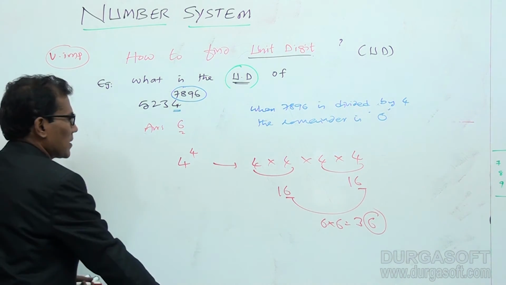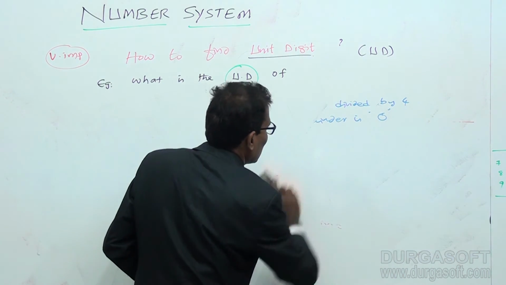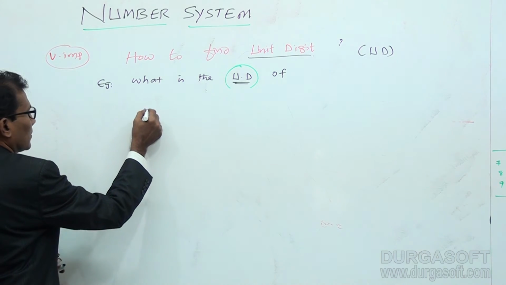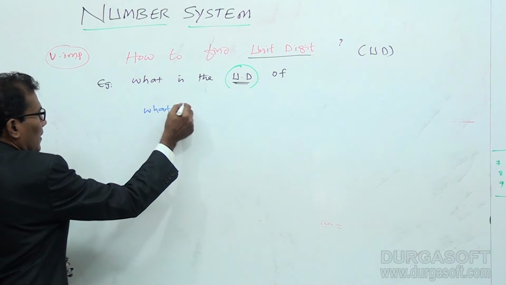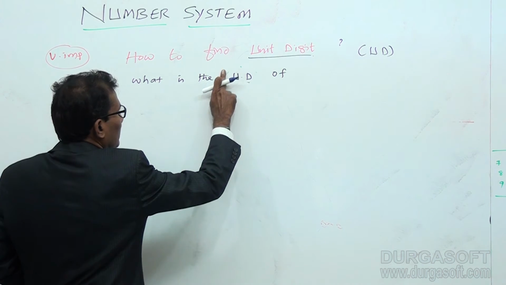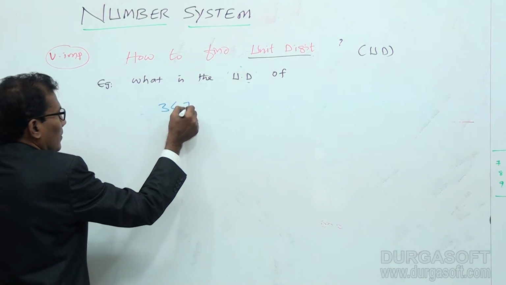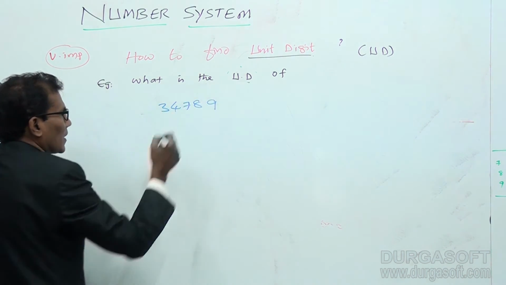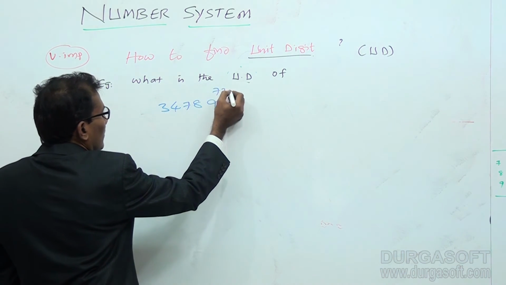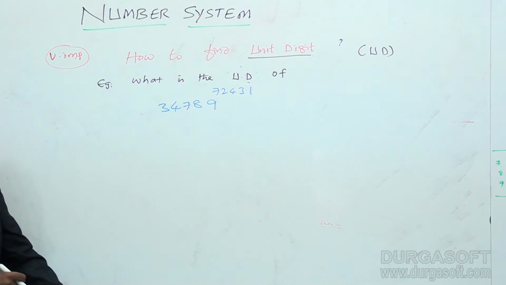Let us take one more example. What is the unit digit of 34789 power 72,431?